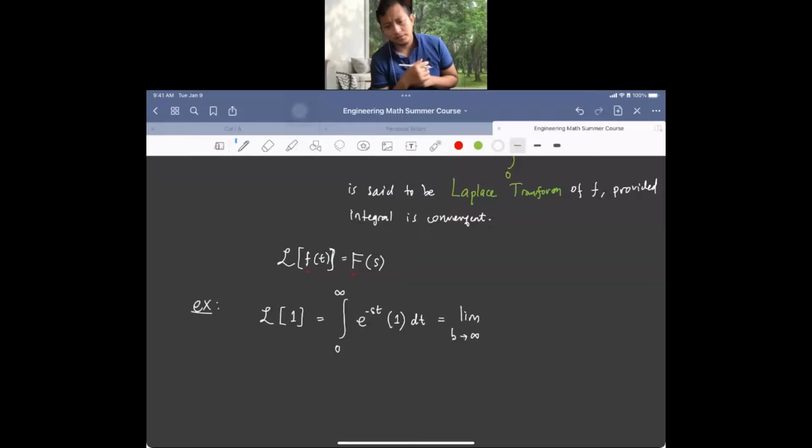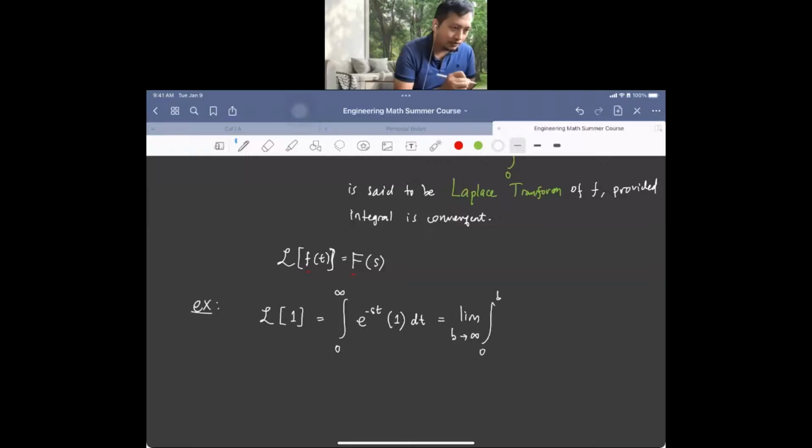You can skip writing this limit, but keep in mind that when you're doing the improper integral, there is a limit there. You can skip your calculation with the limit and just put it in at the end. I think that's still okay.